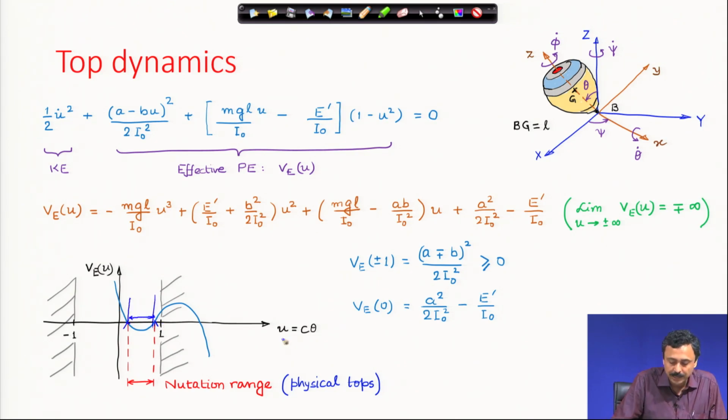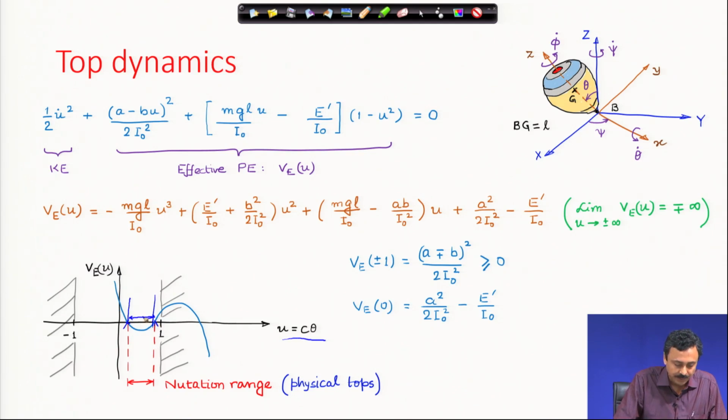Now, I can read out those angle limits from this definition of u. This is the nutation range, and these two limits must be on the positive side, because for a physical top, theta must be less than pi by 2, definitely less than pi by 2, because if theta is pi by 2, that means the top has already touched the ground. Therefore, these two angles must be between 0 and pi by 2, much less than pi by 2.